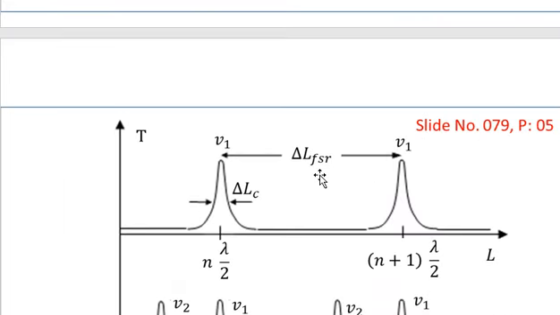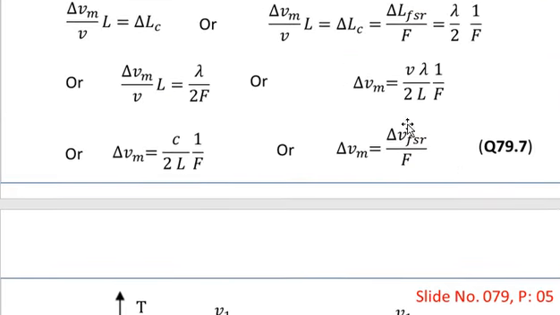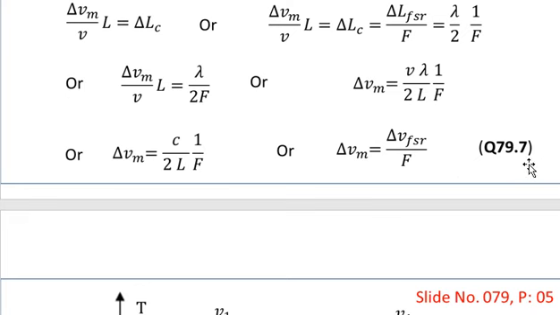You see that if you represent this free spectral range in terms of the frequency coordinate, then it should be written as delta nu FSR, as given in equation number 7. That is delta nu FSR as found from slide number 78, where we derived that delta nu FSR is equal to c over 2L.